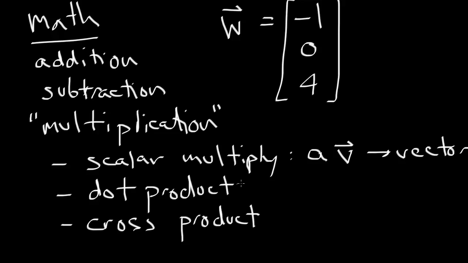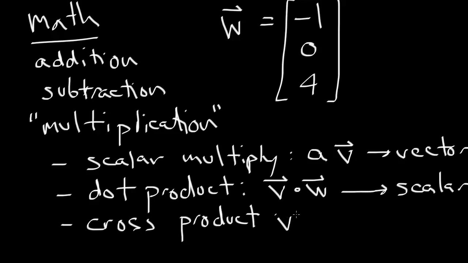Dot product is going to be 2 vectors multiplied together to give us a scalar. And then we're going to have a cross product, which is where we have 2 vectors crossed together, and that gives us a vector. So let's do some examples of these.